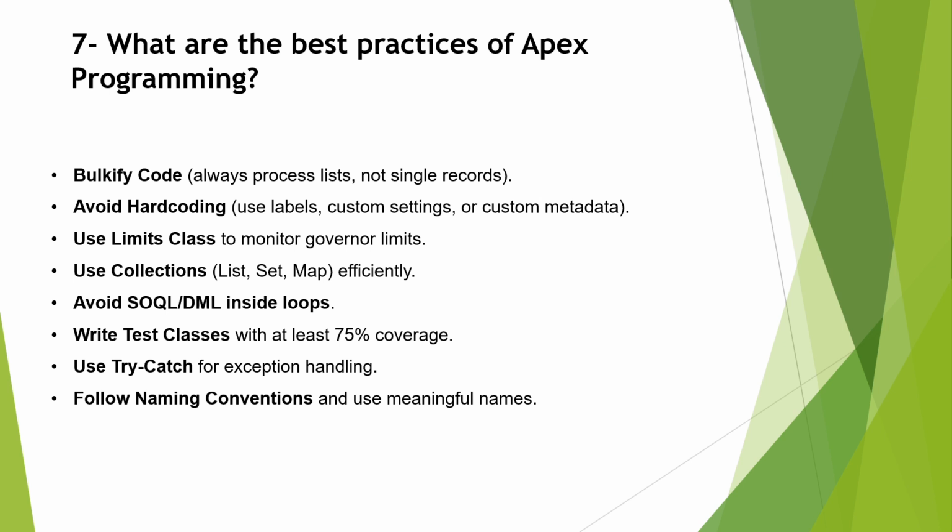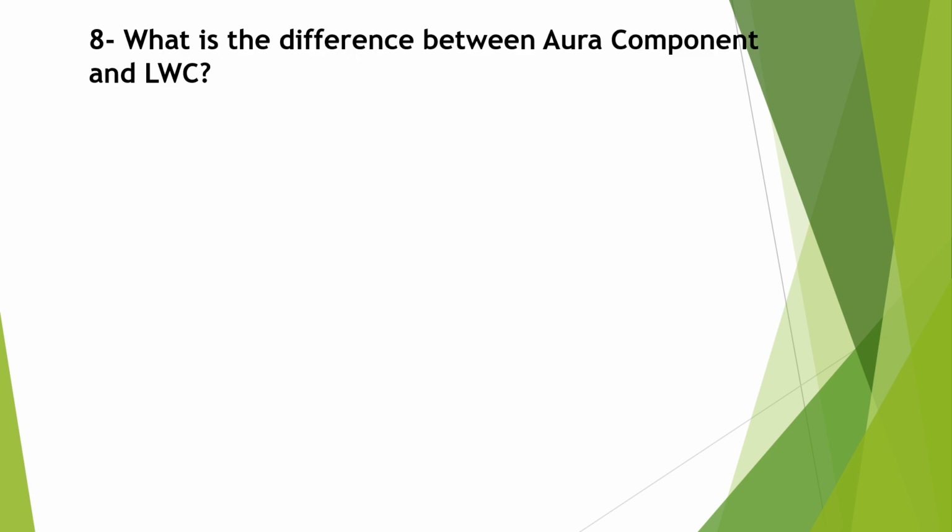Also use proper commenting while programming. So these are the best practices of Apex programming. Use custom metadata instead of hard coding, which I already explained. Question number 8: what is the difference between Aura component and LWC?